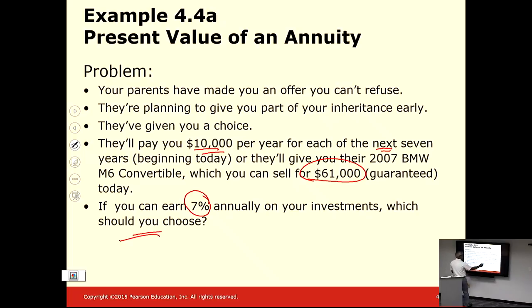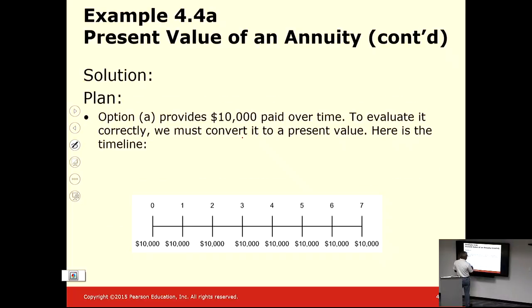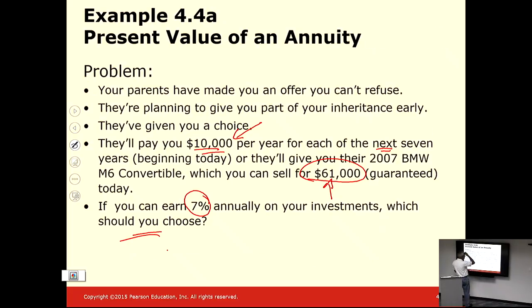So now, to compare this present value to this annuity stream of $10,000, I have to convert the annuity stream into a present value. So I have 10,000 today, and then 10,000 for each of the next 7 years. So you say $10,000 per year for each of the next 7 years, beginning today.